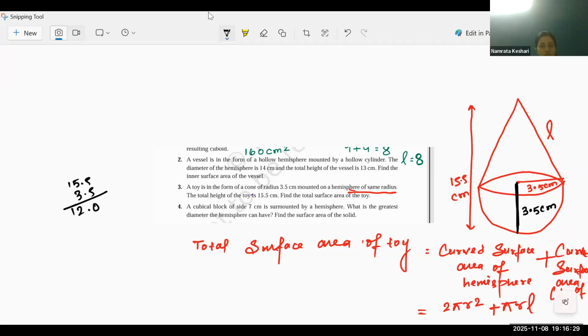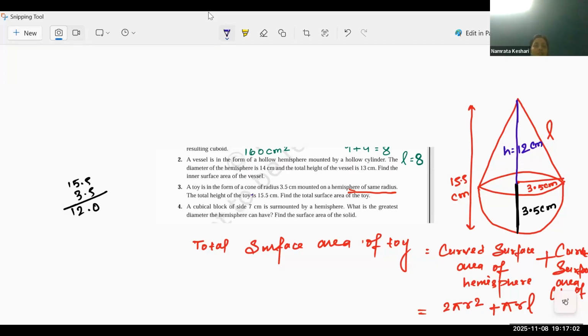This 12 is the height of this cone, not a random height, the perpendicular height, the h value, 12. Making sense? And since you know h and r, you will be able to find the slant height so that you can proceed with the calculation. Making sense?